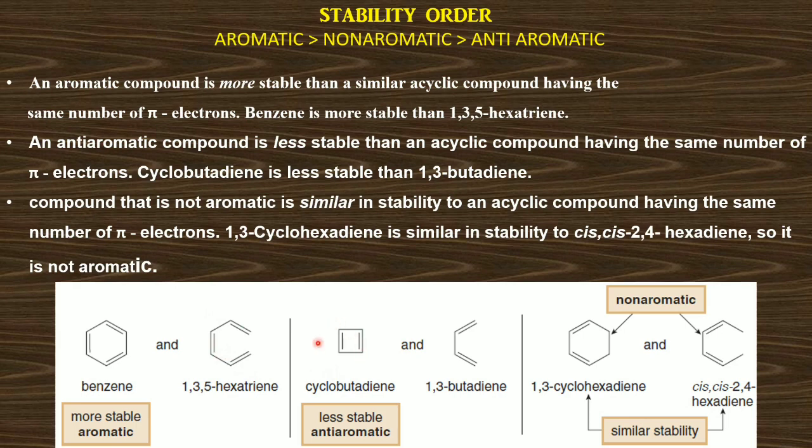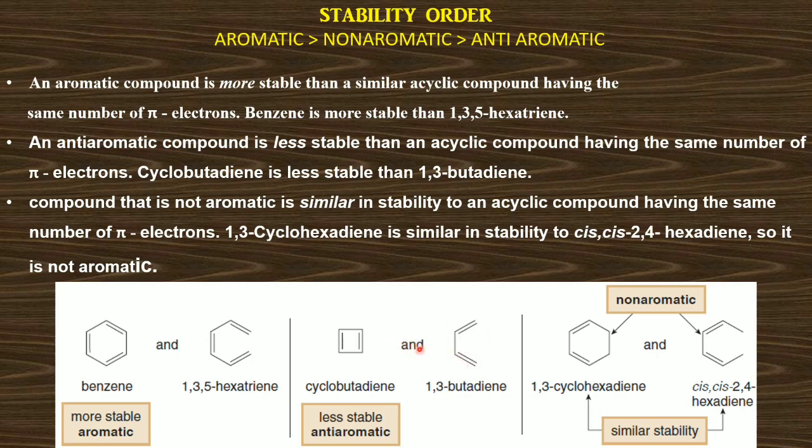And an anti-aromatic molecule or ion, an anti-aromatic system in general, is less stable than the acyclic system with the same number of pi electrons. Here we have cyclobutadiene, an anti-aromatic system, and this is less stable than an acyclic compound having the same number of 4 delocalized pi electrons.